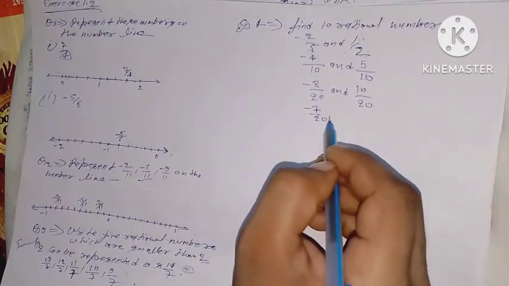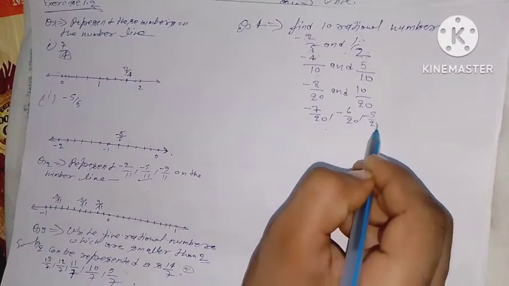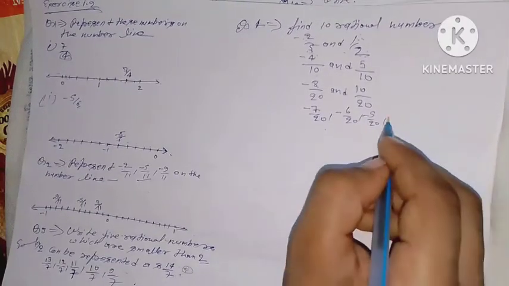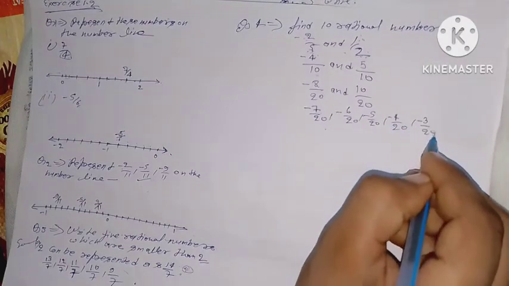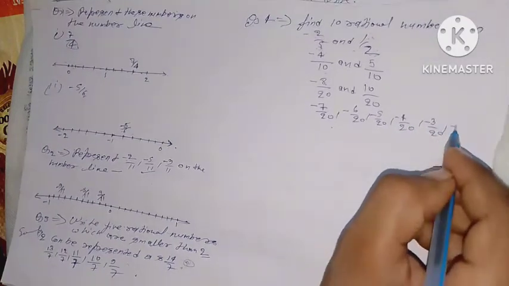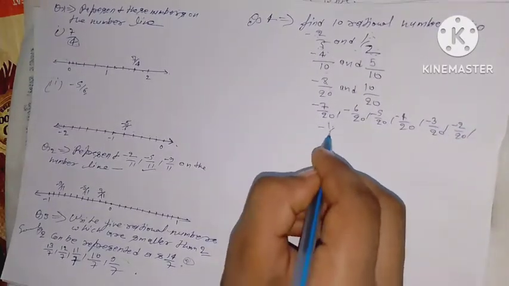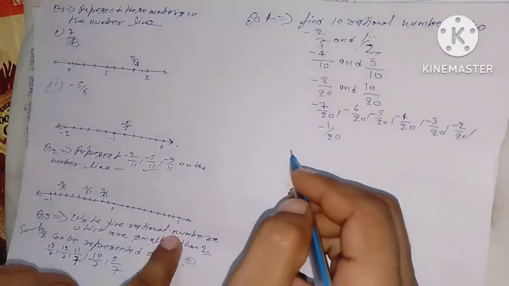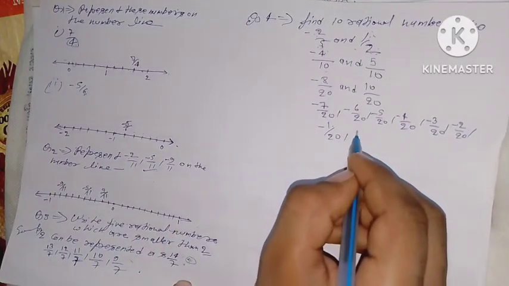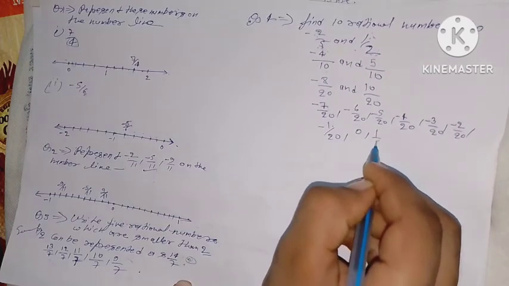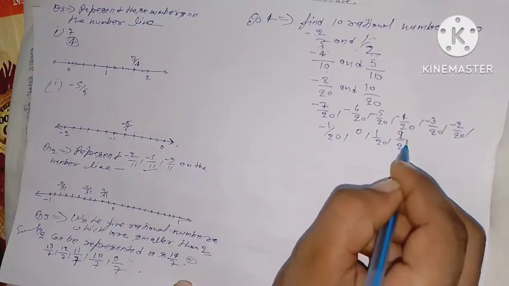Then minus 7 upon 20, minus 6 upon 20, minus 5 upon 20, minus 4 upon 20, minus 3 upon 20, minus 2 upon 20, minus 1 upon 20, 0, 1 upon 20, 2 upon 20.